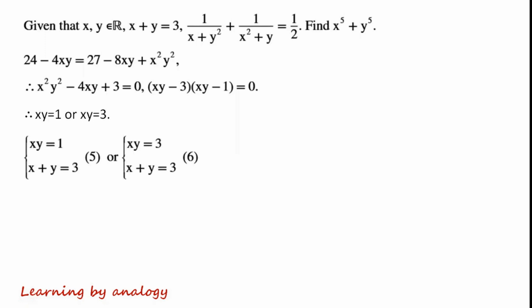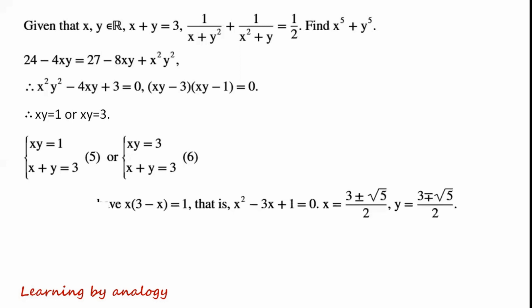We have two sets of simultaneous equations: xy equals 1 and x plus y equals 3, or xy equals 3 and x plus y equals 3. From 5, we have x times (3 minus x) equals 1.